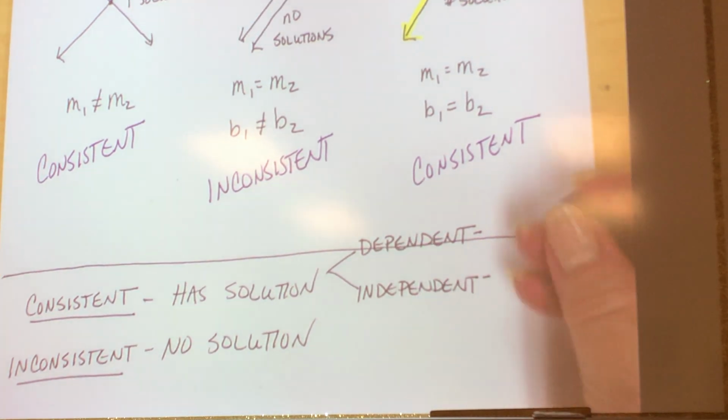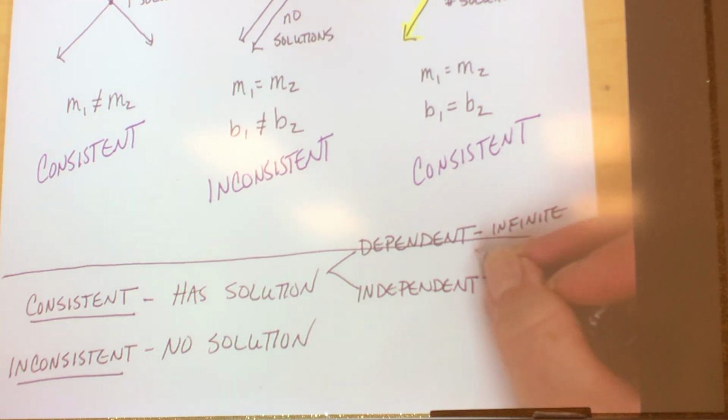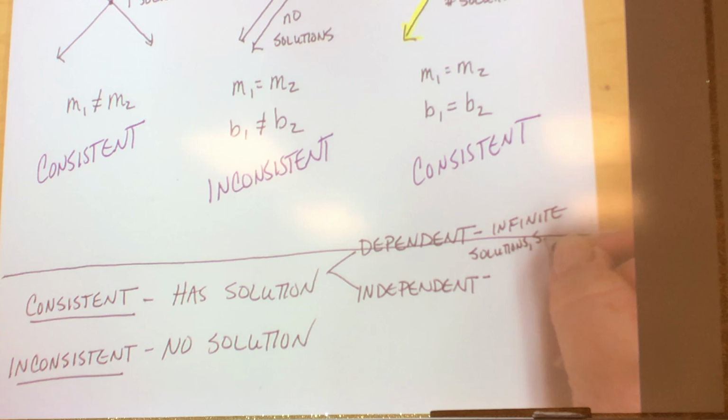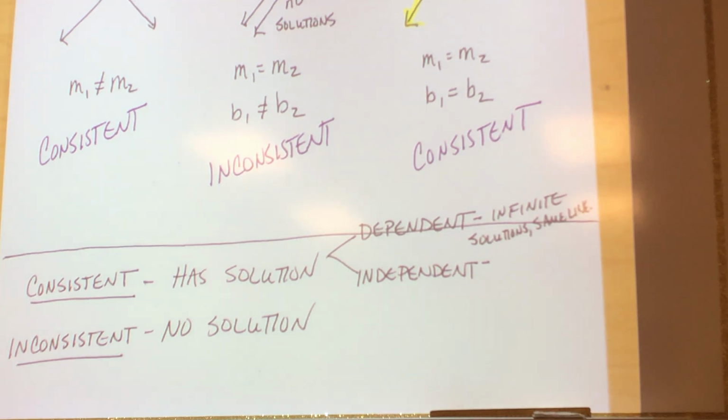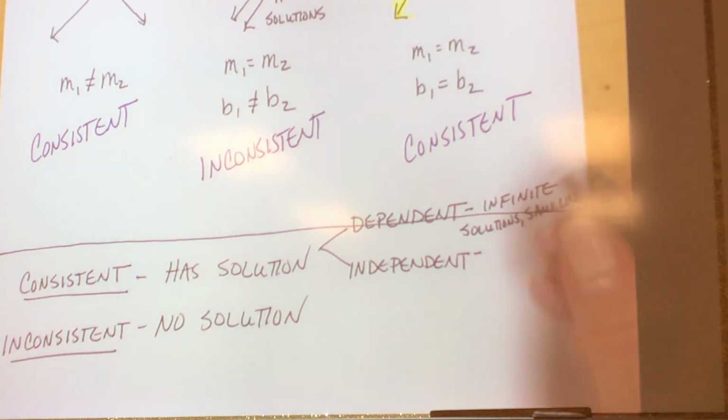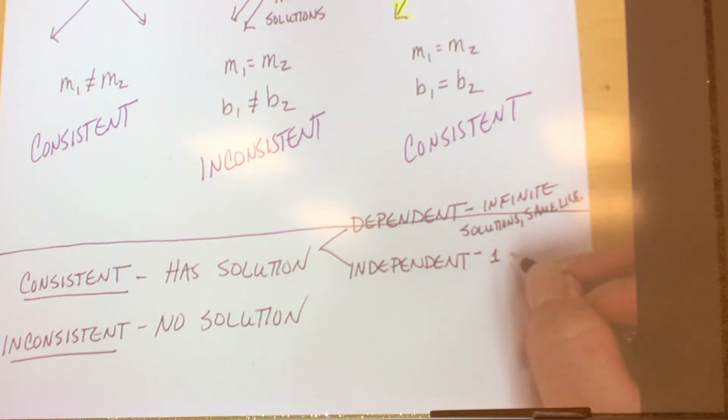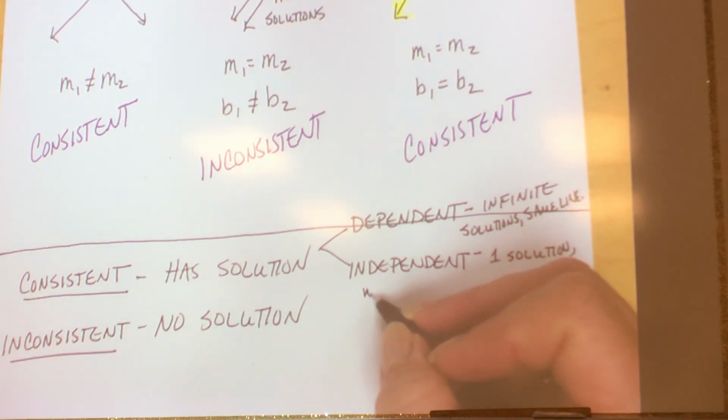So dependent means infinite solutions. It's the same line, guys. What one does, the other one does. They are dependent on each other. So independent has how many solutions? One. One solution.